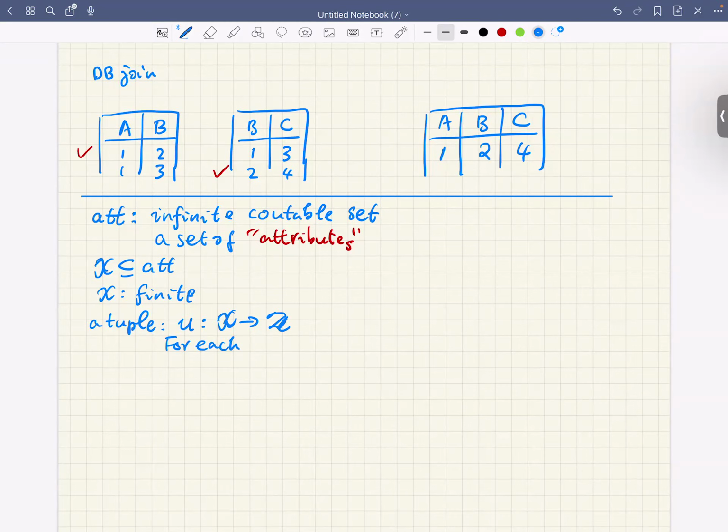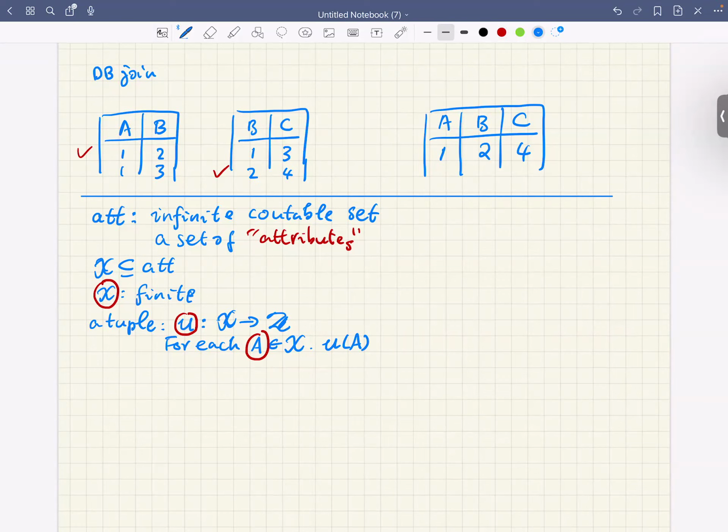So for every attribute A in this curly X, you can write something like U(A) to refer to the value of this function on this attribute A. You can see all these terms are supposed to be perfectly clear now, right?